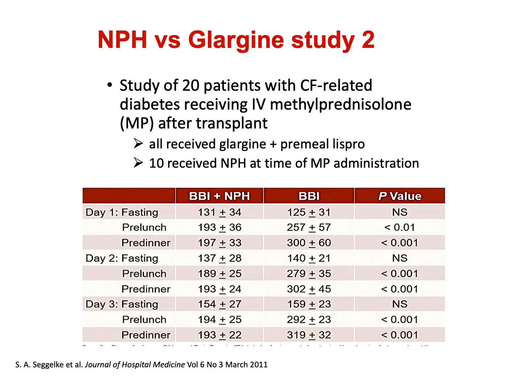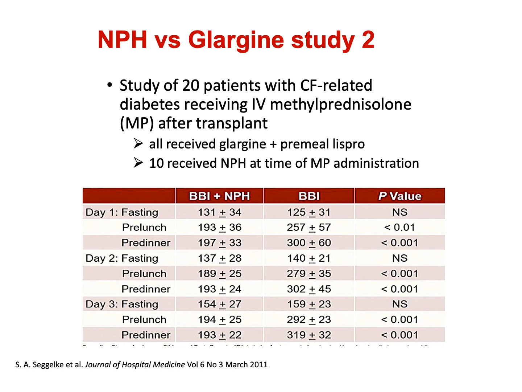Okay, so another study looking at the difference between NPH versus glargine was a study of 20 patients with CF-related diabetes, that is cystic fibrosis patients, receiving IV methylprednisolone after transplant.